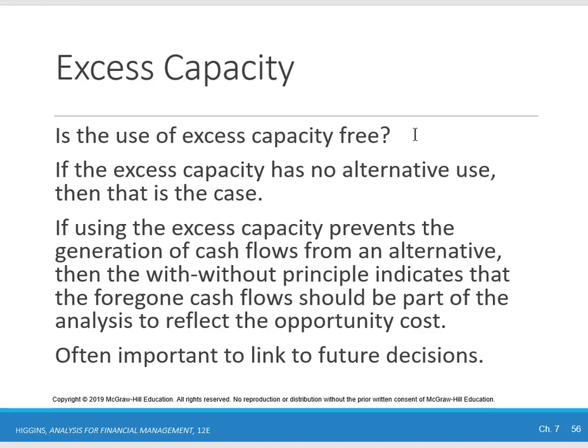Well, you actually have some alternative uses. This is really a question on opportunity costs. Excess capacity is something that lots of companies, especially in recessionary times, have to deal with. What do you do with this extra space that you have?